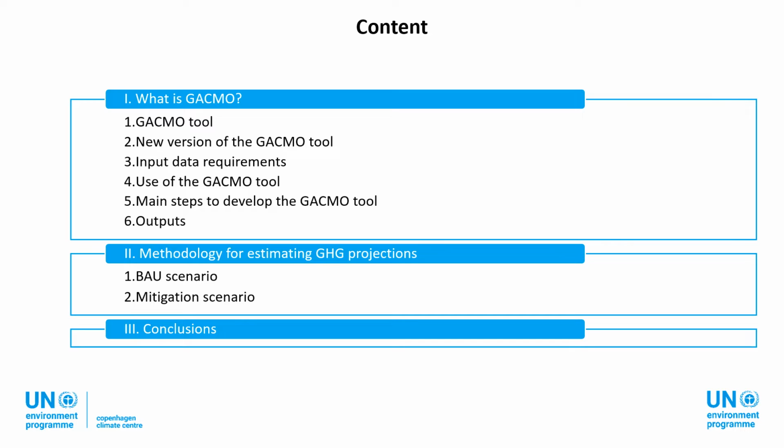The second part of the presentation is methodology for estimating greenhouse gas emissions projections using the GACMO tool. I will go through the approaches used for the calculations in GACMO for estimating greenhouse gas emissions in the business as usual scenario and in the mitigation scenario. The final part of this presentation is conclusions.